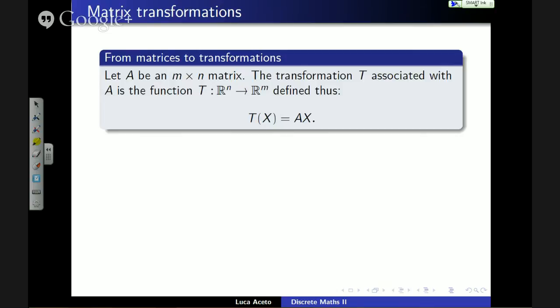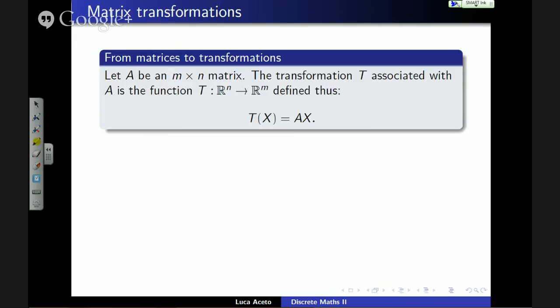This was called the zero transformation. So the matrix with all zeros in it, the zero matrix of the appropriate size, will just return zero no matter what you multiply it with. Just like any number multiplied by zero is zero. Any vector multiplied with the zero matrix of the appropriate size is going to return the zero vector.